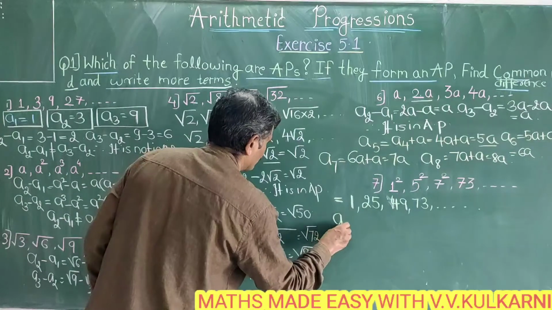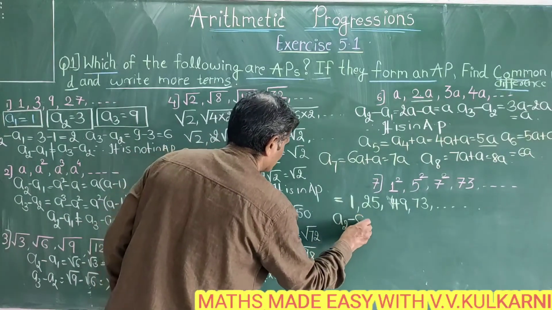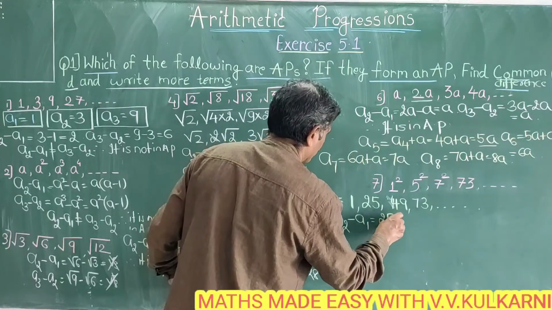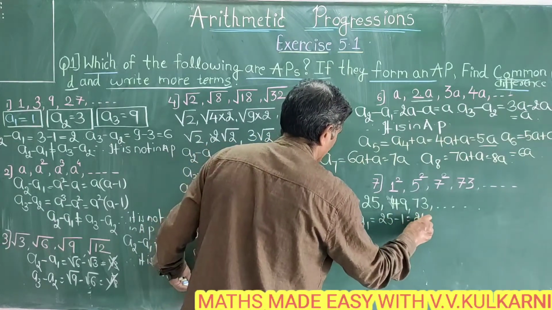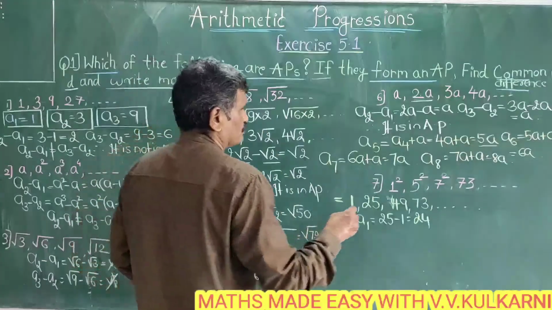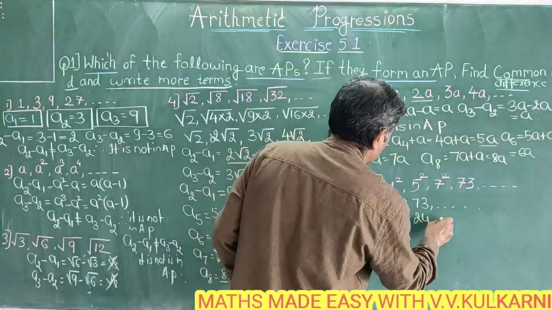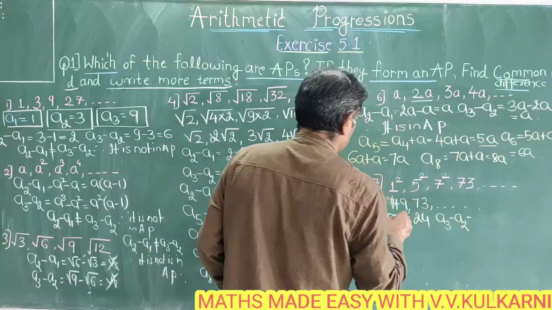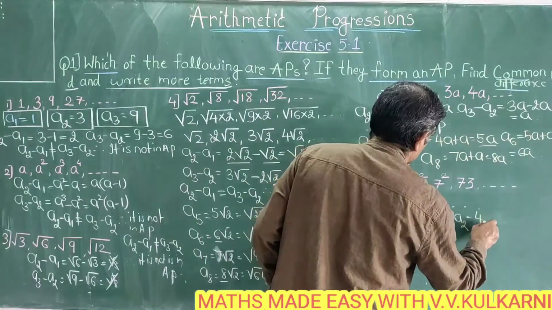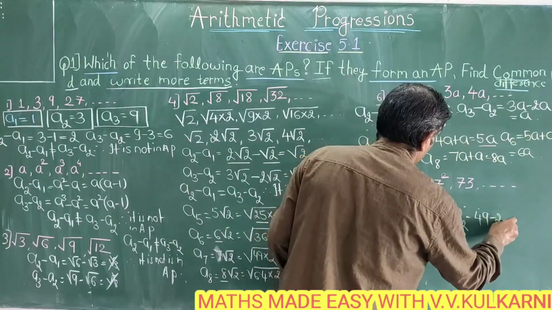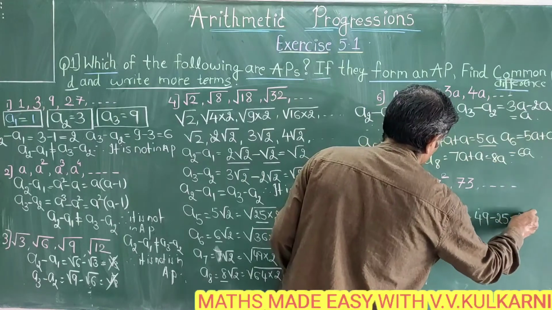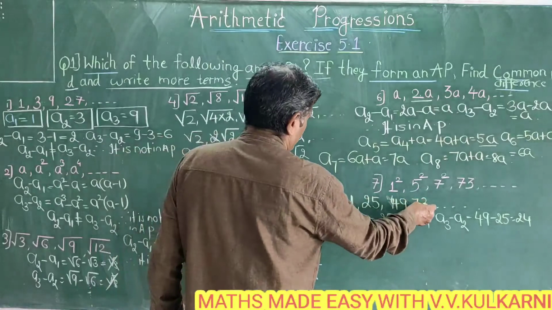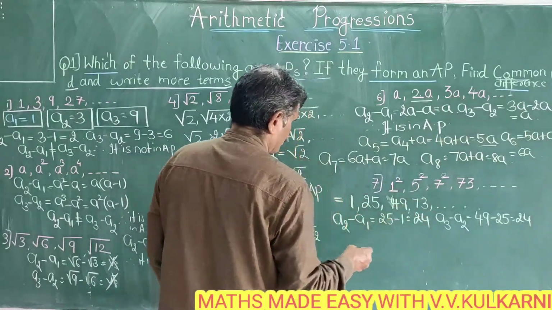Let us find the difference between the second and the first term: 25 minus 1 is 24. Third term minus second term: 49 minus 25 is equal to 24. Then 73 minus 49, 24.